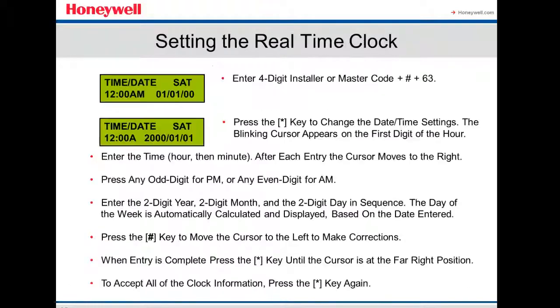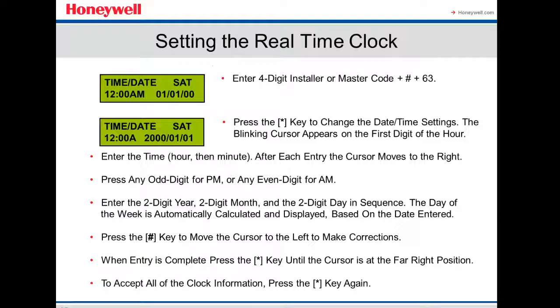And finally, how you set up the real-time clock. Remember, this panel has a real-time clock. Just enter the installer code or the master code plus pound plus 63, and it's going to give you in the display the time and date of the panel at that moment.